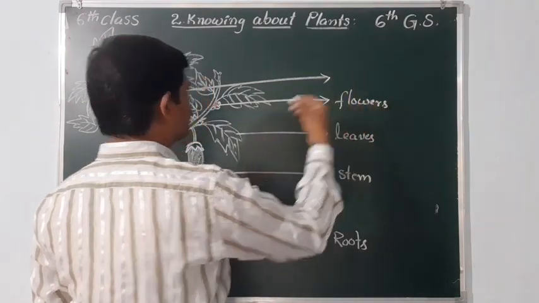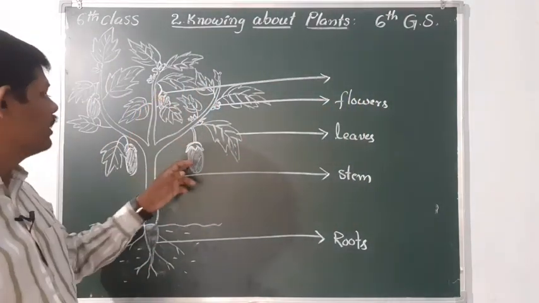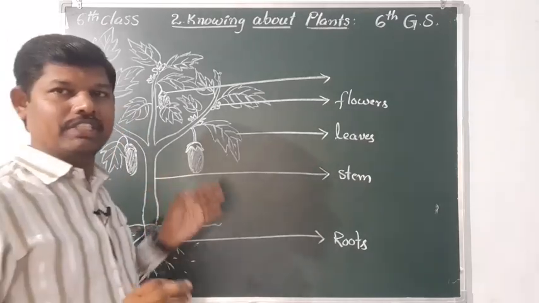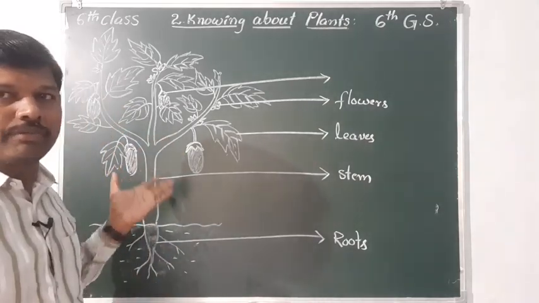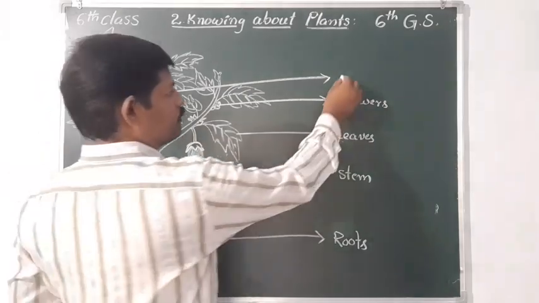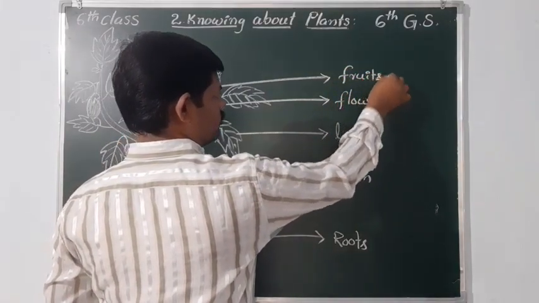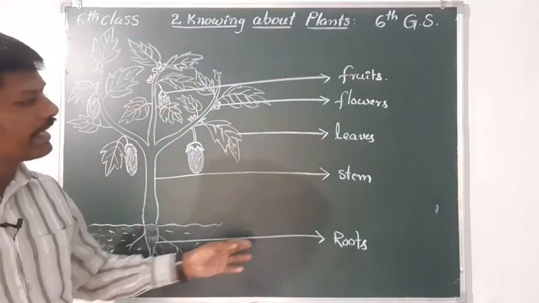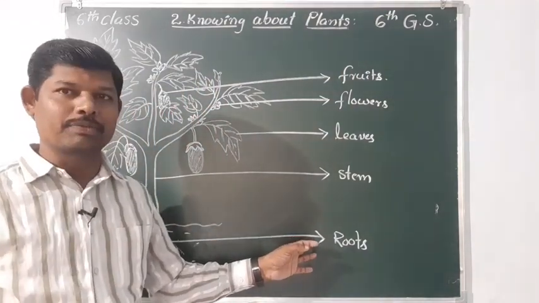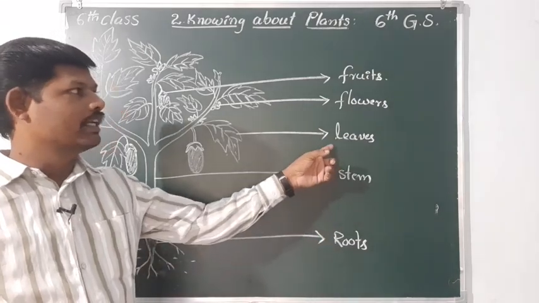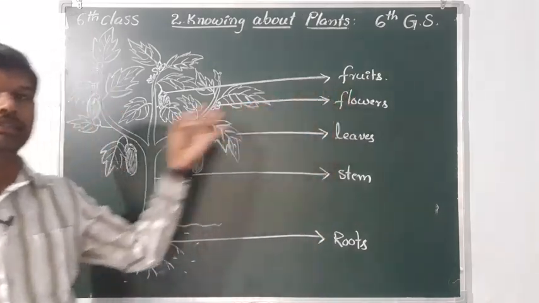And next one, these are the fruits. We'll call fruits, or you can say this is a vegetable, brinjal plant, vegetables. So I can write fruits. So here different parts we have observed: roots, stem, leaves, flowers and fruits.